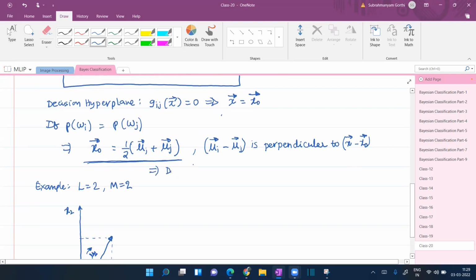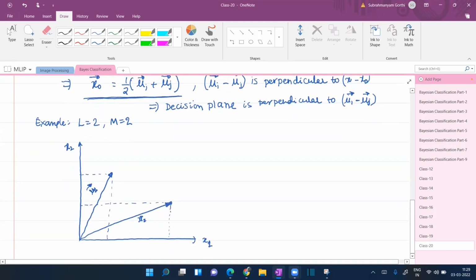What does that mean? The decision plane, well, I could have called it a hyperplane also for L greater than 2. But being L equal to 2, I could call it the decision plane. Very, very important: the decision plane is perpendicular to mu i bar minus mu j bar.